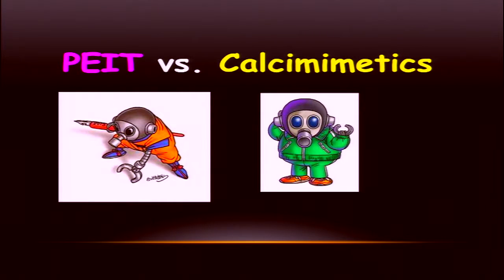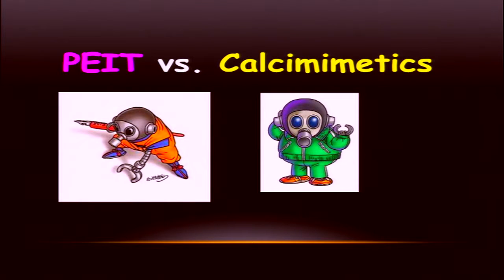Now, how PEIT works compared to Sensipar or surgery. There's no comparative study in Japan or elsewhere, because Sensipar came to Japan in 2008, and importantly, it's fully 100% refundable up to the present time.